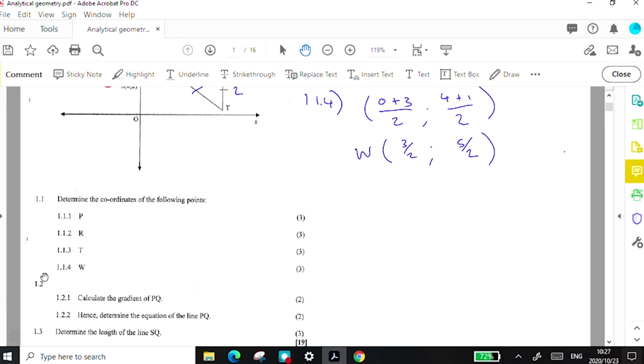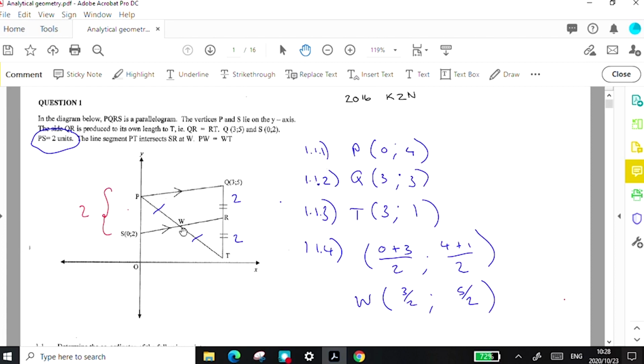For number 1.2, we are required to calculate the gradient of PQ. We want to find the gradient of PQ.